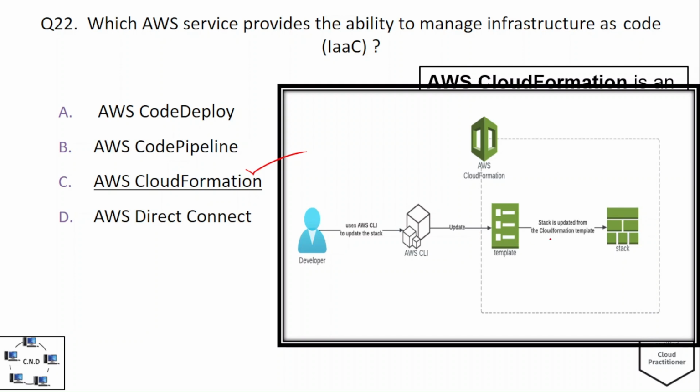This code is then turned into stacks, or the stack is updated through these CloudFormation templates, and this is all done through code written by the developer. The rest of the task is completed through the CloudFormation templates. Let's move forward to the next question.